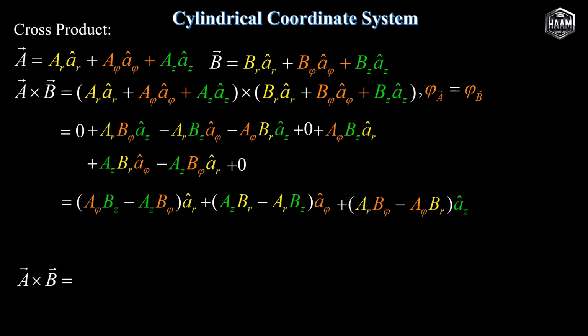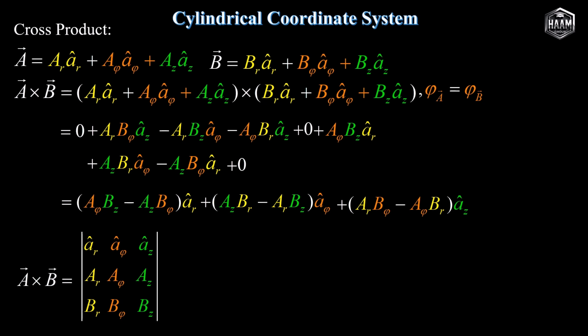Alternatively, this vector cross product can be represented using a determinant. The first row contains the directional unit vectors, unit vector A hat sub r, unit vector A hat sub phi, unit vector A hat sub z. The second row consists of scalar components of vector A along each respective direction, A sub r, A sub phi, and A sub z.